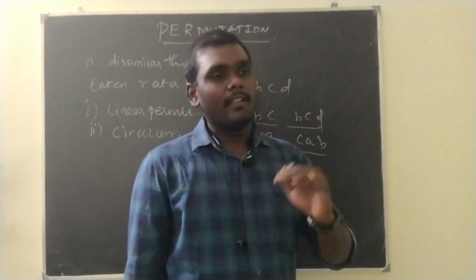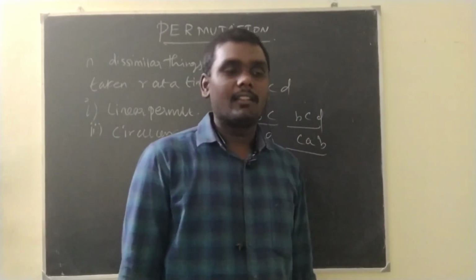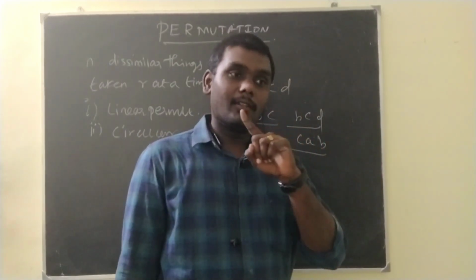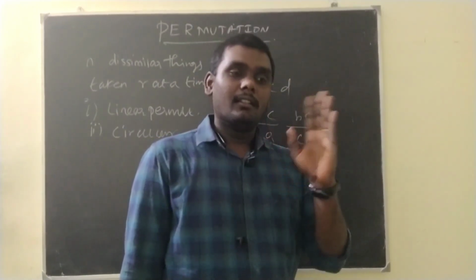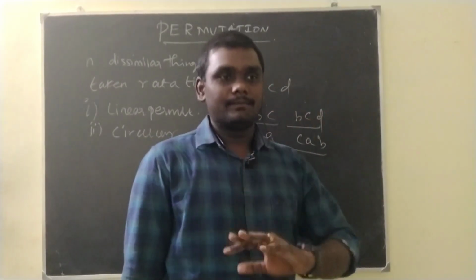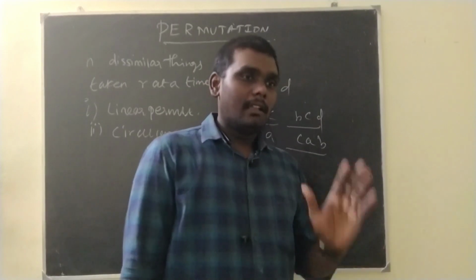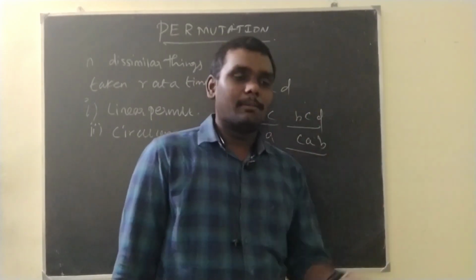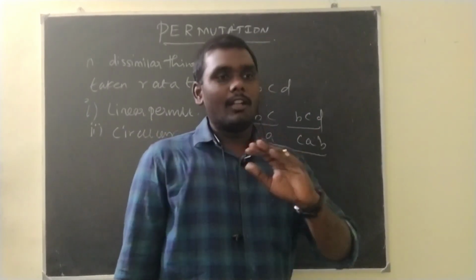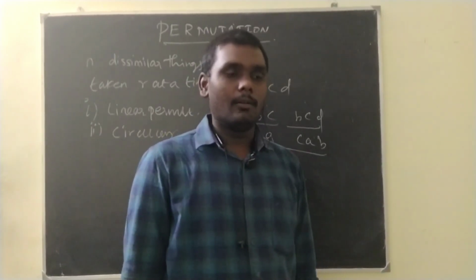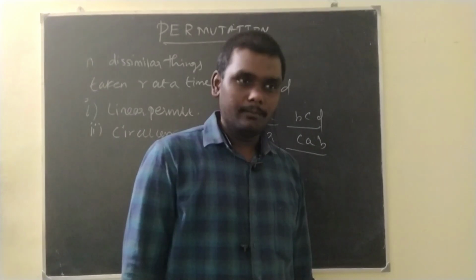If you are arranging those things in a circle, it is called circular permutation. In a circle, if direction is not specified, we will have twice the number of arrangements. If direction is specified, only half of the total arrangements is allowed. Okay, clear?